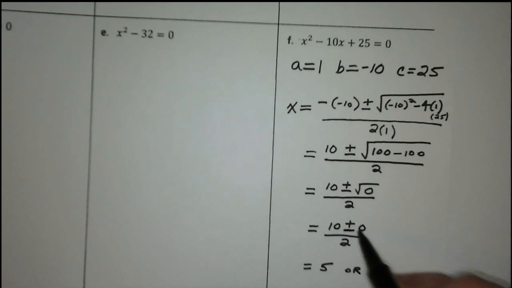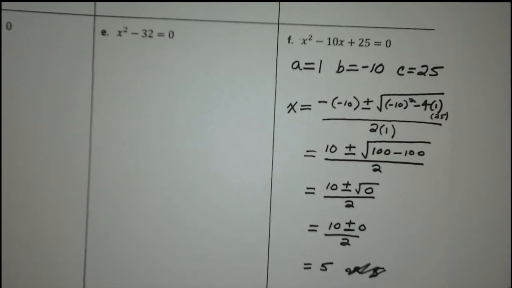But choosing the negative, 10 minus 0 is still 10, divided by 2 is 5 again. Oh, this only had one real solution.